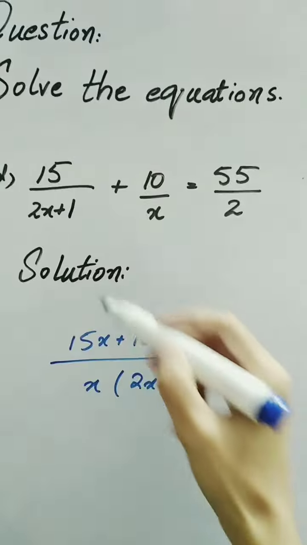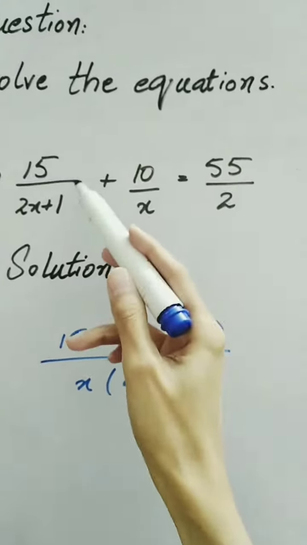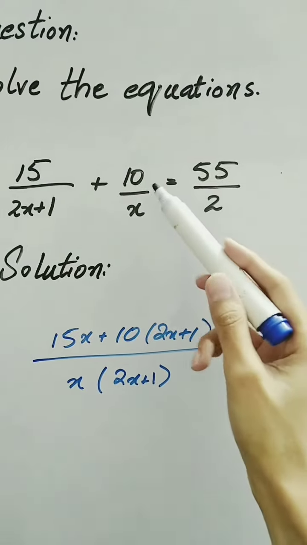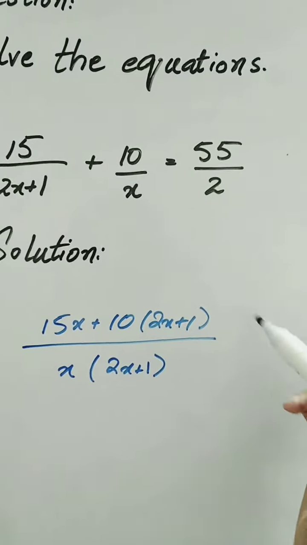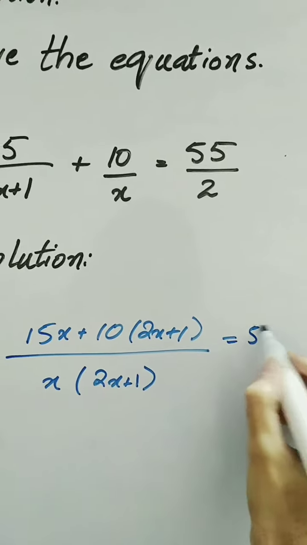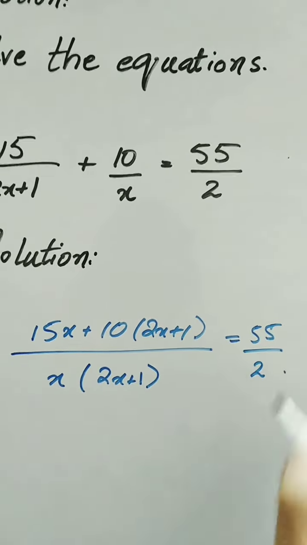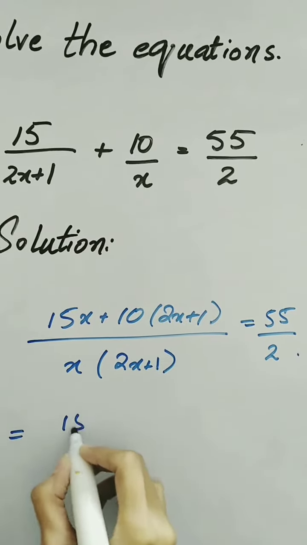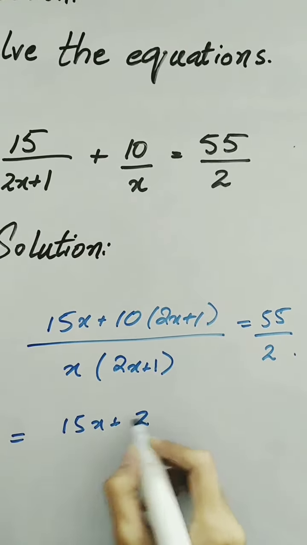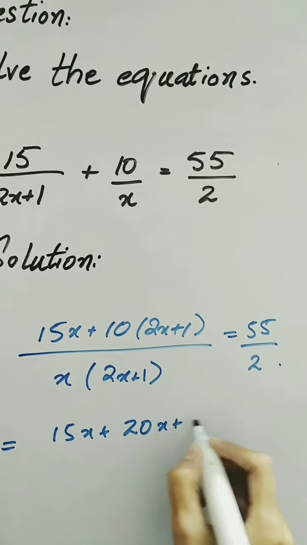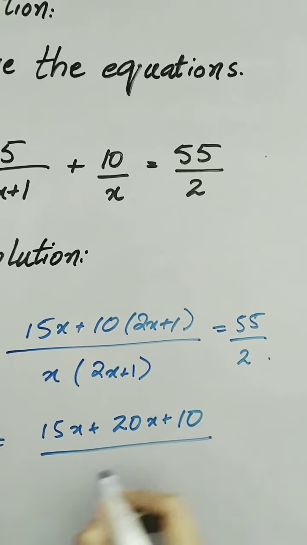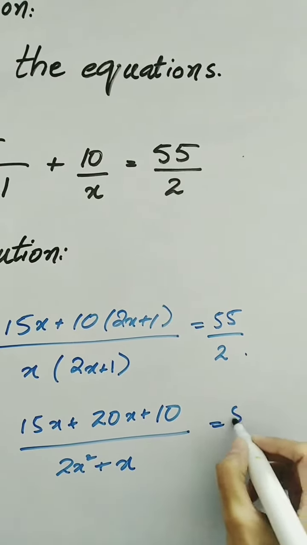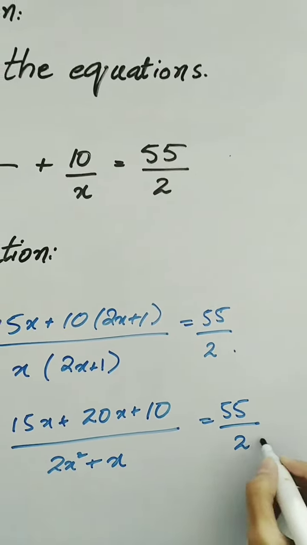As this 1 into this and only x goes above, and this 1 into this and only 2x plus 1 is going to multiply with the 10. Further solving we will have 15x plus 20x plus 10 over 2x square plus x is equal to 55 over 2.